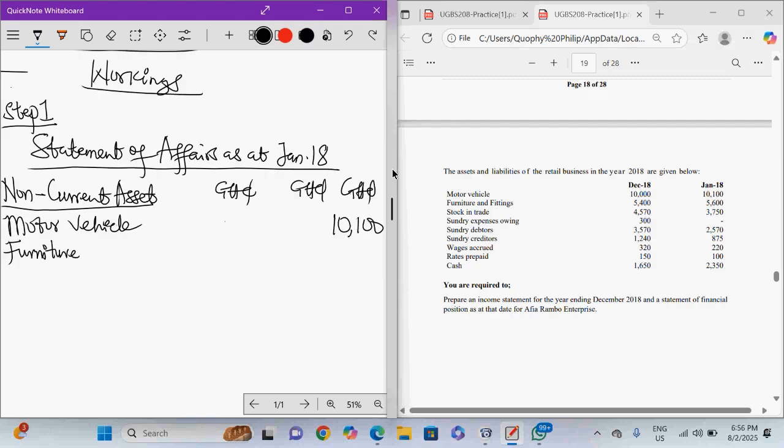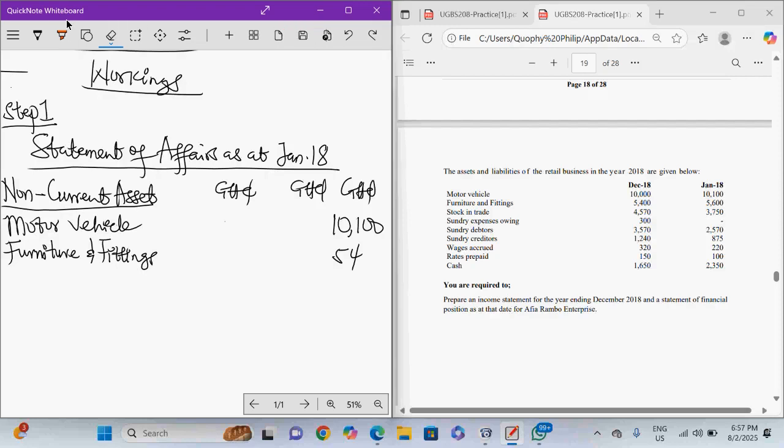Furniture and fittings, 5,400. Any other non-current assets? No, it's finished.